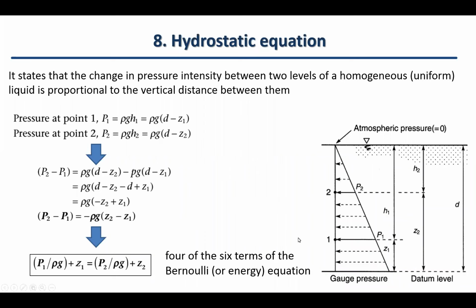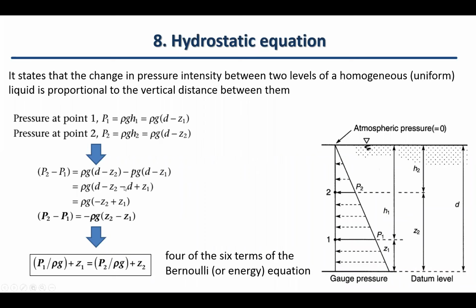If we take the difference, P2 minus P1, we can write rho g, open bracket, D minus Z2, minus rho g, open bracket, D minus Z1. If we factor out rho g, we can write rho g, open bracket, D minus Z2 minus D plus Z1, okay?